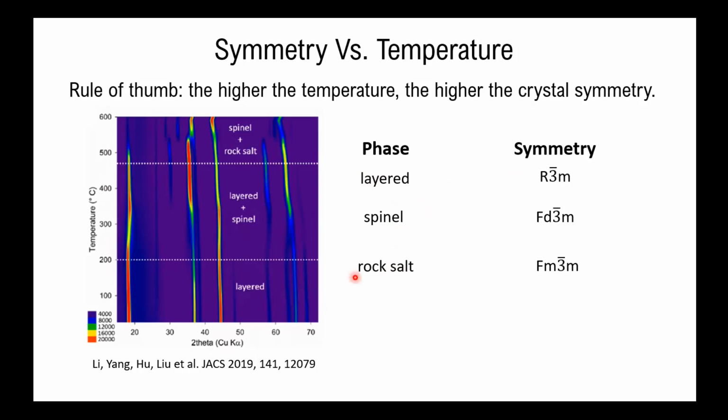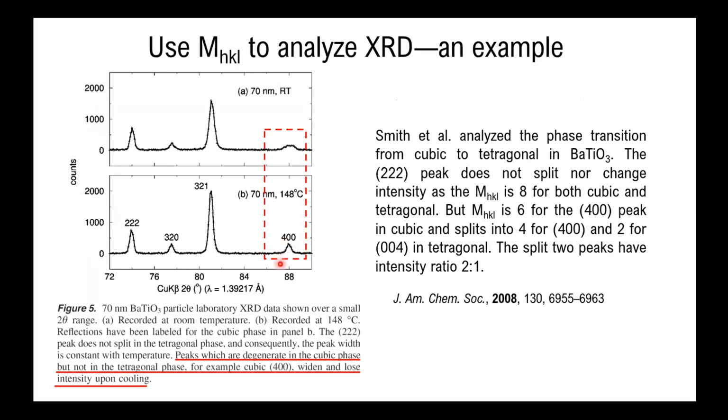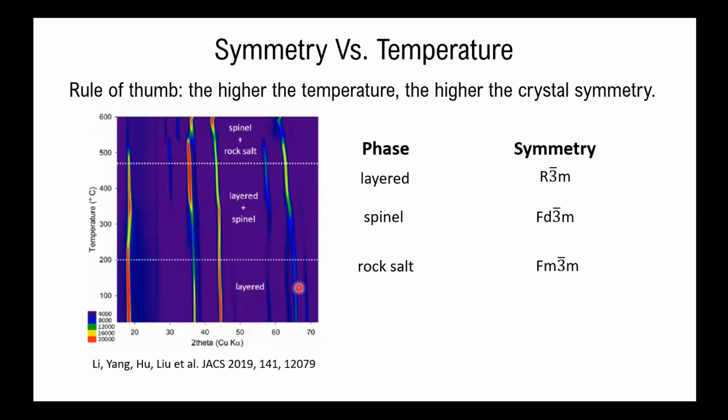In the previous slide, we had a high symmetry, which is cubic, and then it split into the lower symmetry, which is tetragonal, and the peak ratio can be analyzed by the multiplicity. And now we are going in the opposite way. We have a lower symmetry, and then we have a higher symmetry. Then we have the merging of the peaks.